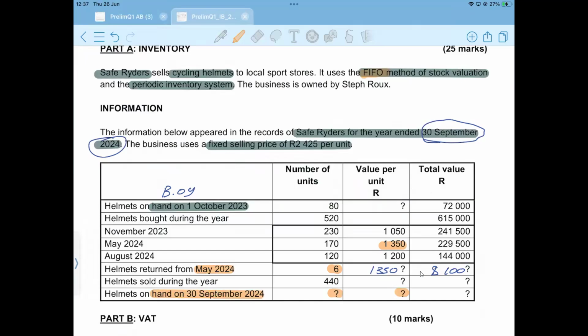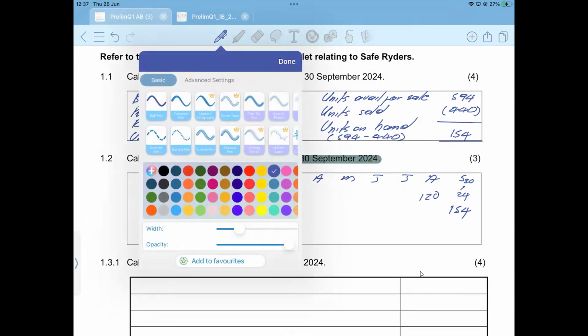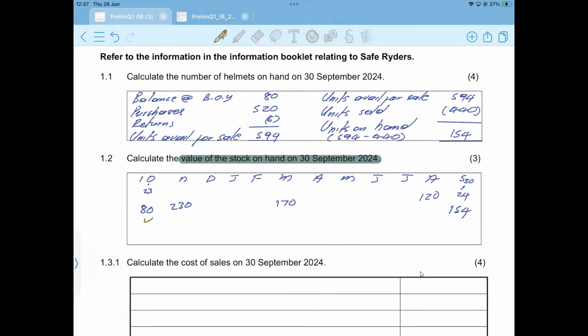And then we purchased 120 in August. Now, guys, to understand what the first in, first out method means, it means what came in first was the first one to be sold. So if we were to look at that, it means the units we had at the beginning of the year and the ones that we bought earlier in the year were the ones that were sold. But we are left with only 554 units.